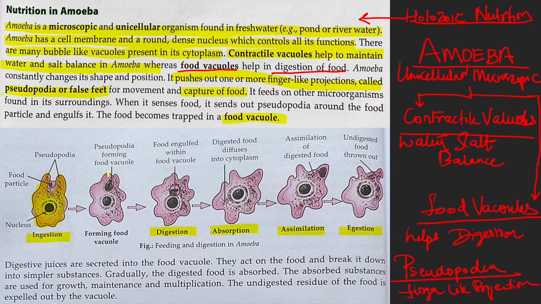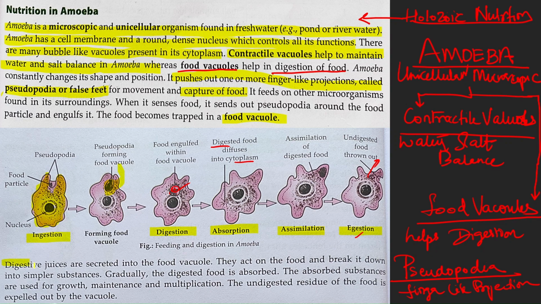The pseudopodia engulf it, forming a food vacuole, and the food is engulfed within the food vacuole. Then it pours digestive fluids into the food vacuole and digests it. Then it gets absorbed into the cytoplasm. Then comes assimilation of digested food. Undigested food is thrown out of the amoeba, which is called egestion.